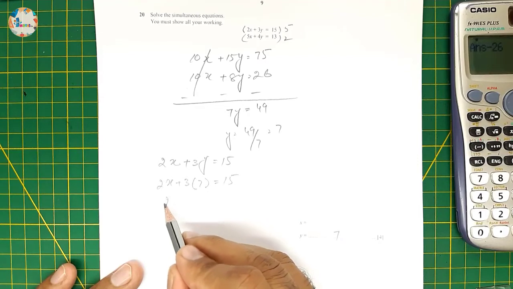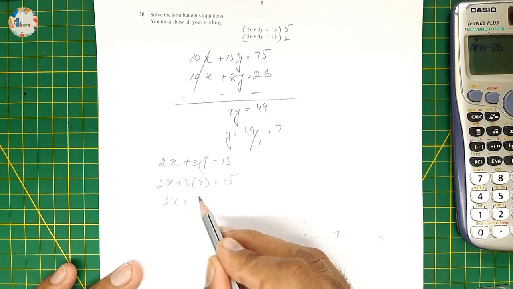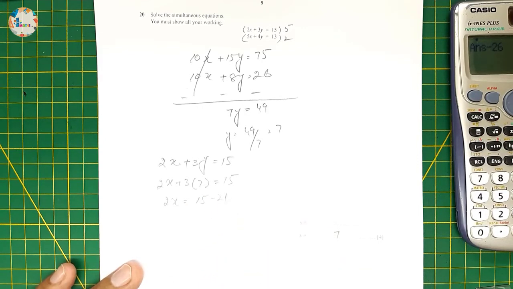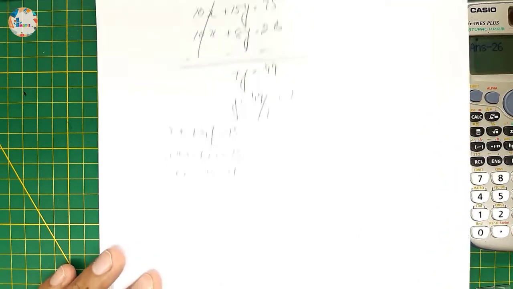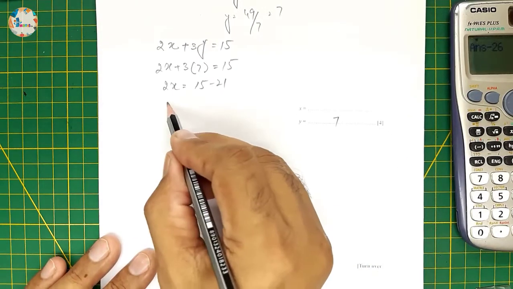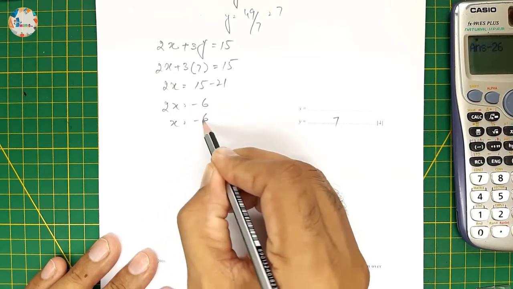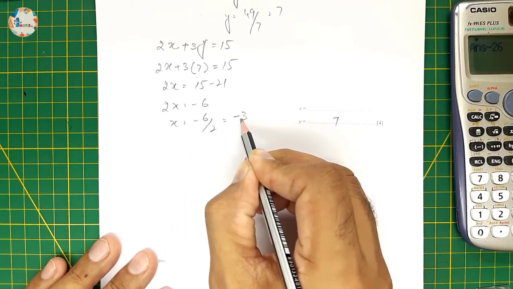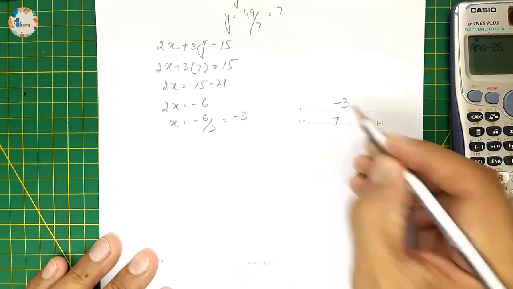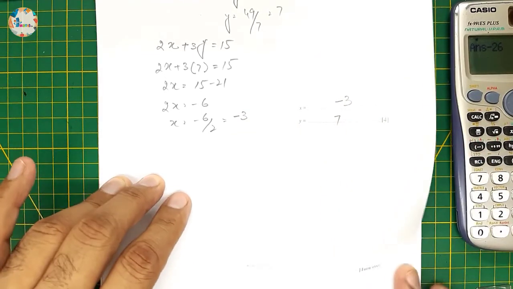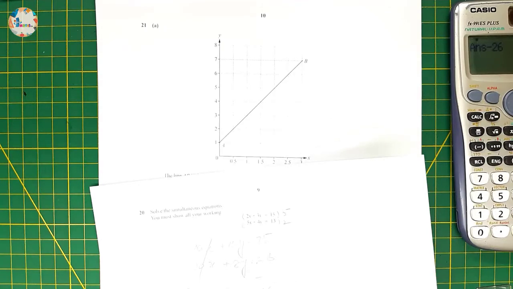So this will be 21. So 2x is equal to 15 minus 21. 15 minus 21 will be minus 6, and x will be equal to minus 6 by 2. So minus 3 will be the answer. So x value will be minus 3 and y value will be 7.